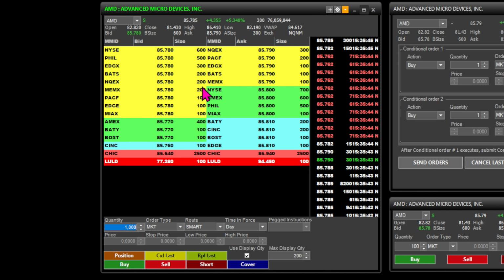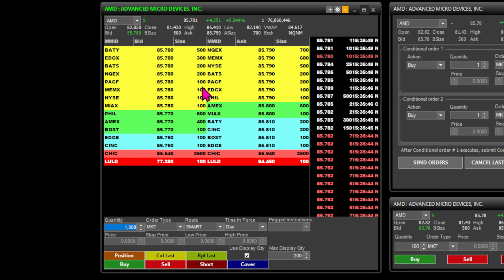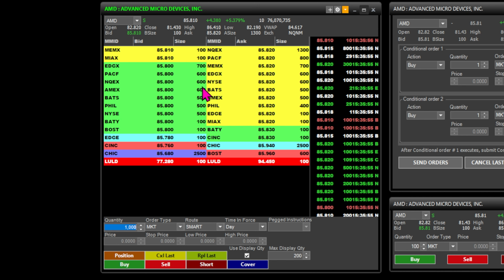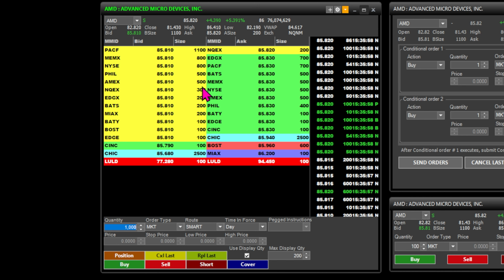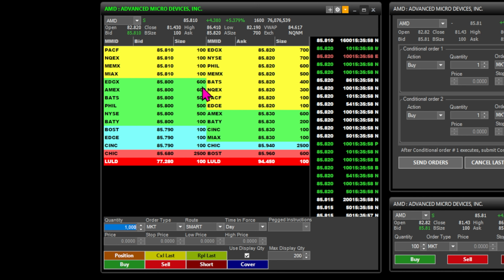On stocks like AMD, on stocks like Apple, very highly liquid stocks that trade fairly tight, market orders are sometimes the easiest way to get in and out of positions.